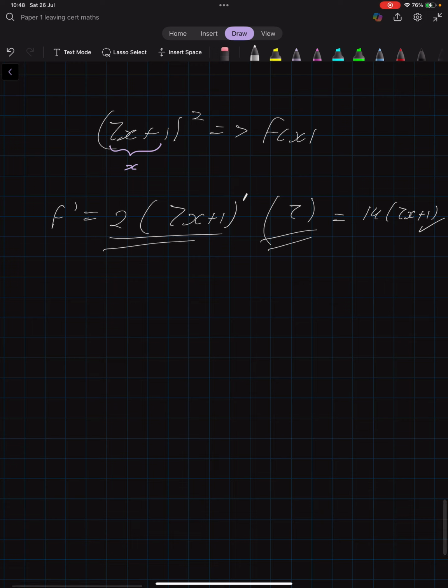So another one, it could be differentiate g, which is x squared plus 3x to the power of 12. Differentiate this. Again, I'm going to pretend that this thing is x. If it was x to the power of 12, what would I do? 12 would come down. I'd minus 1 off the power.